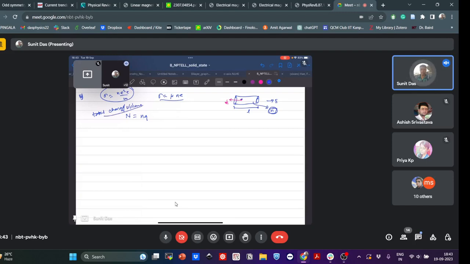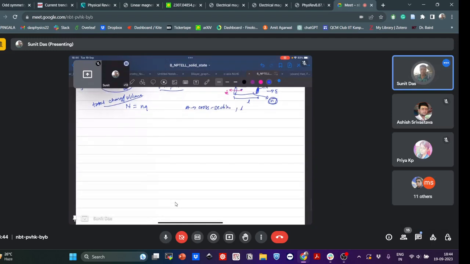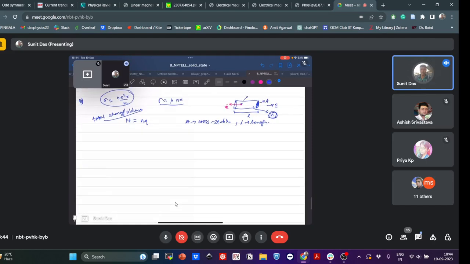Now let's assume the cross-sectional area is A and L is the length. So what will be the total charge in this cylinder?